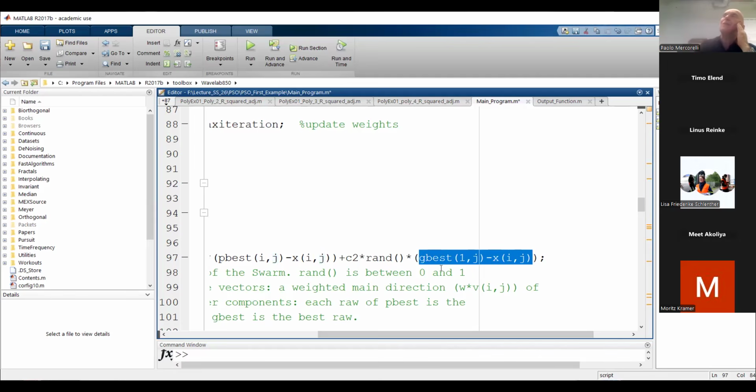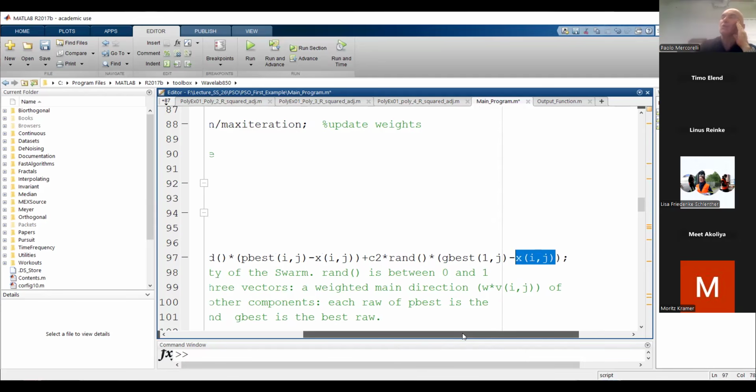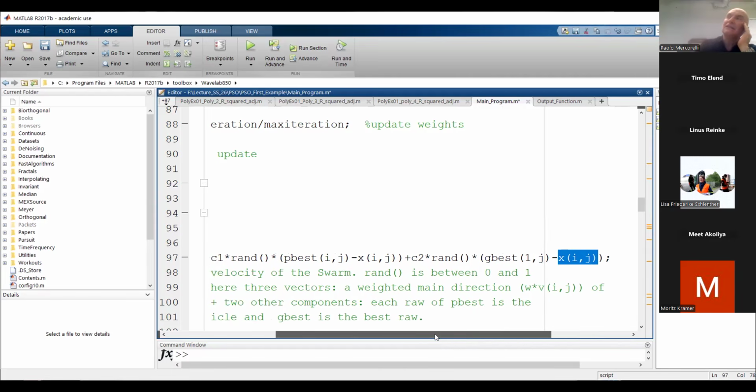This means somehow we reorient the previous swarm, or the position of the swarm, considering the best position. When I say the position, I indicate J, no? Because J is from 1 to 2, indicates the coordinate. Consider the position of the best swarm. I can show you a little bit later.